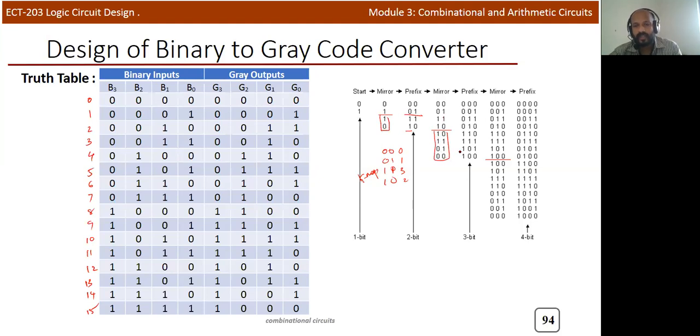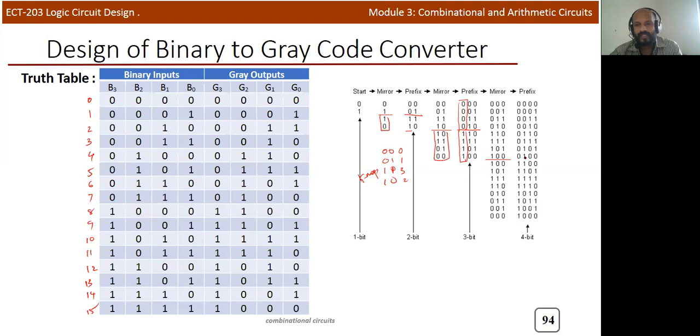Just reverse it and write. And if you know this, you can simply expand it into 3-bit by adding 4 zeros at this particular position and 4 ones at this particular position. Okay. You will get a 3-bit gray code sequence. Okay, this is actually an easy way to write the gray code sequence.